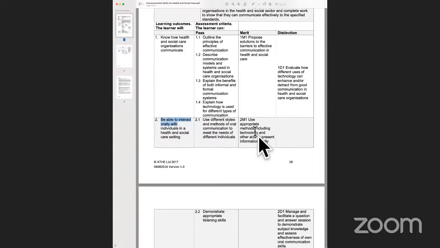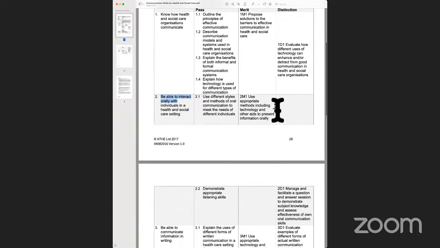We've got one merit and one distinction criteria. The merit focuses on expanding the different styles that we will discuss, and then looking at how we can use technology to communicate more effectively with individuals, specifically in a health and social care setting.